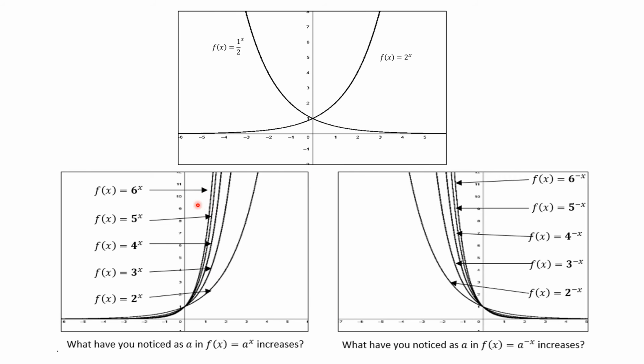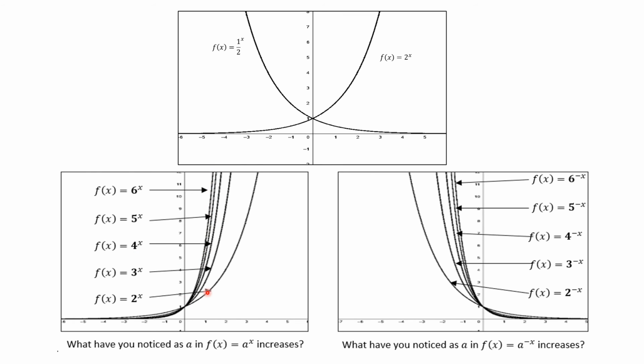Okay, I have another example here. What have you noticed as a in f of x increases? If our a starts at 2, and then our a becomes 3, and then our a becomes 4.